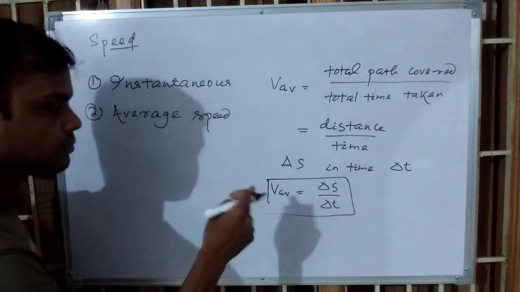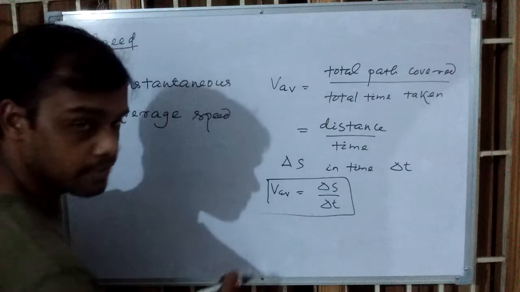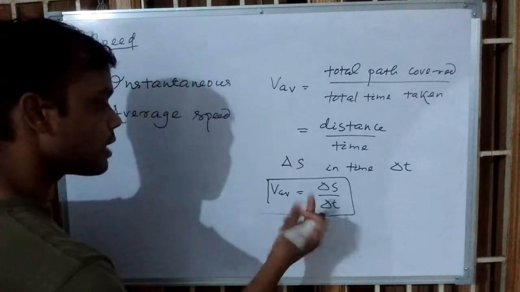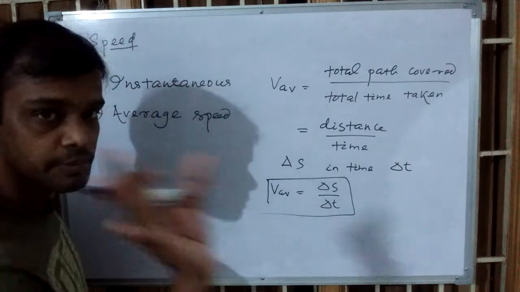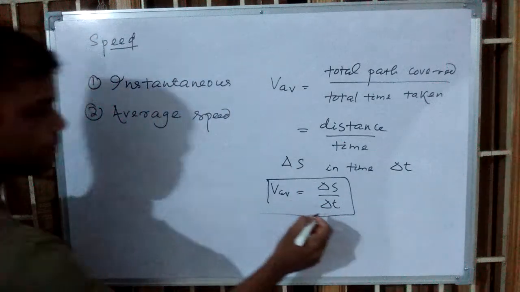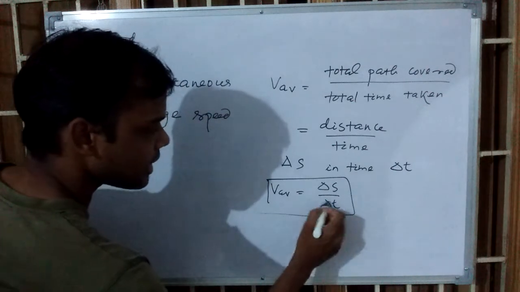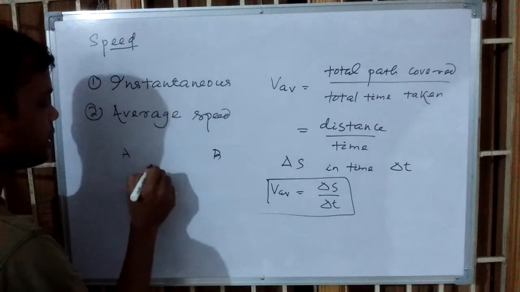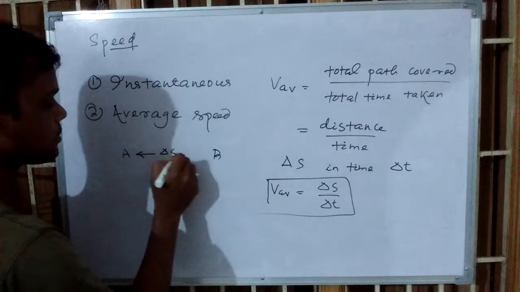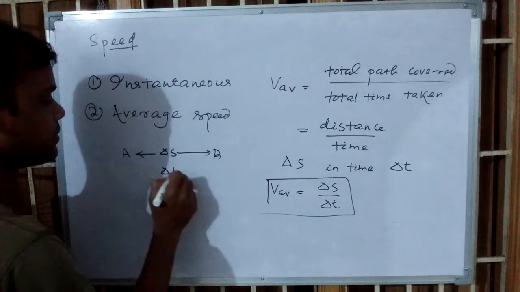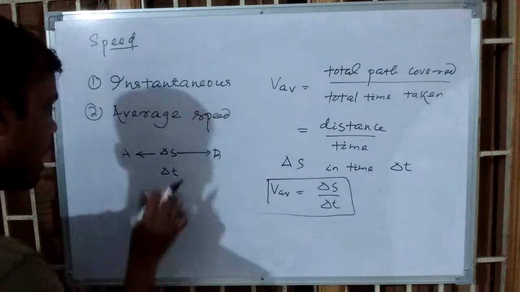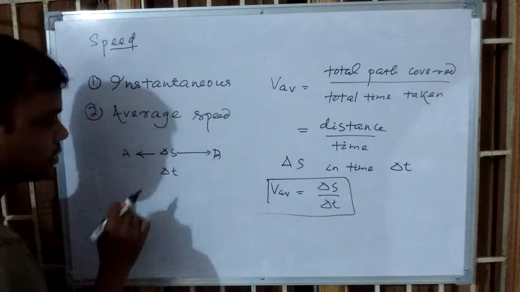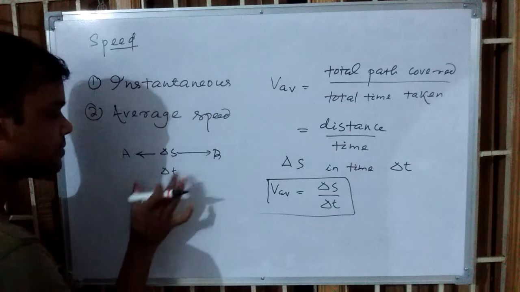Now in this formula, del s is nothing but total path covered, del t is total time taken. I want to know what the speed is at a particular instant. That means if I squeeze this del t, suppose he started from A, he reached B, the distance is del s, time is del t.